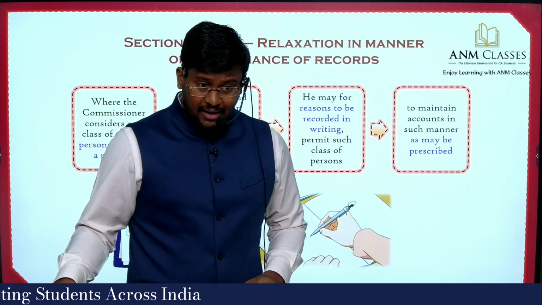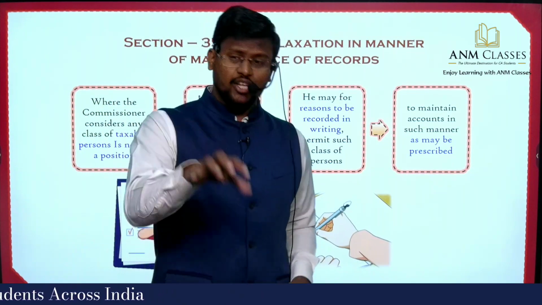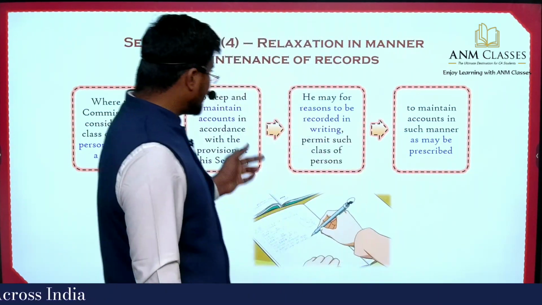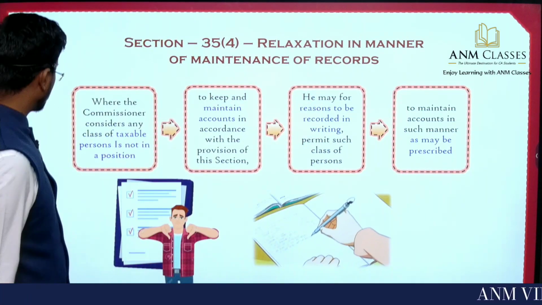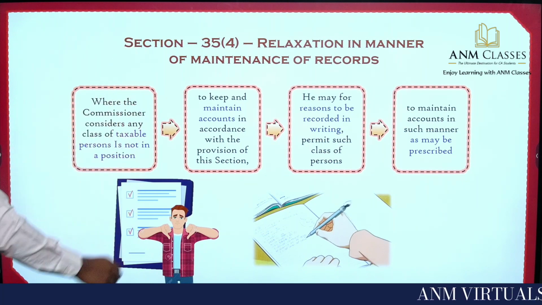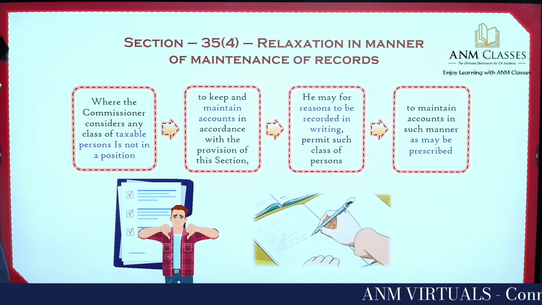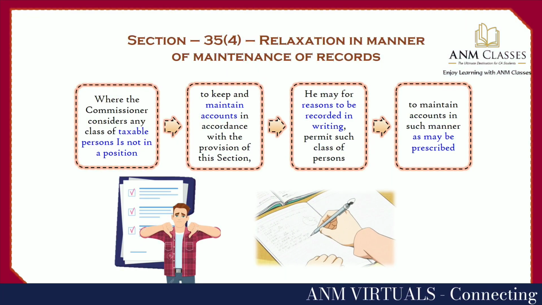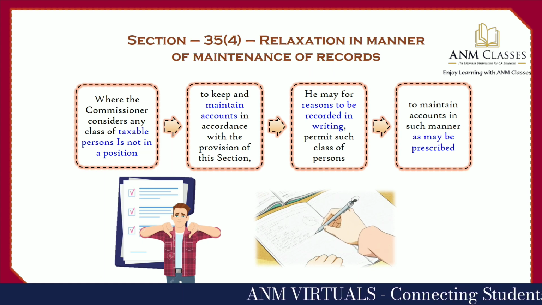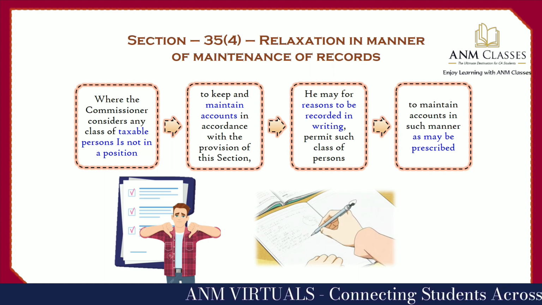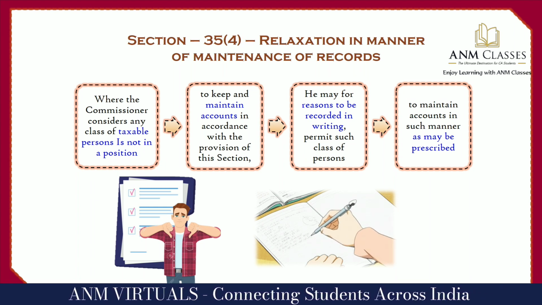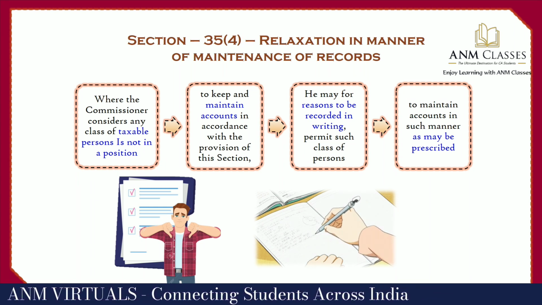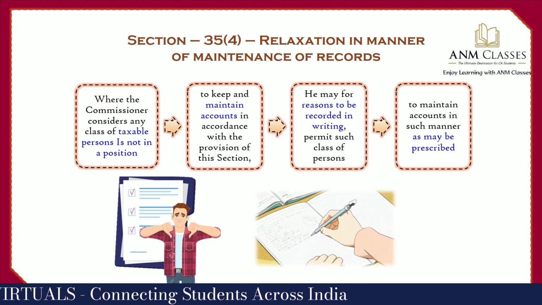35 subsection 4 என்ன சொல்றாங்கன்னா relaxation கொடுப்பாங்க. Relaxation in manner of maintenance of any records: where the commissioner considers any class of any person is not in a position to keep and maintain accounts in accordance with this section, he may for reasons to be recorded in writing permit such class of person to maintain accounts in such manner as may be prescribed.